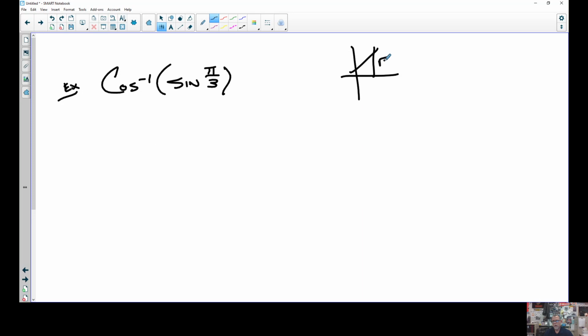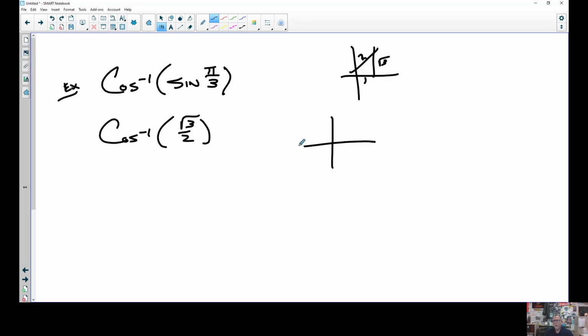Pi over 3 is here where we have root 3, we have 2, and 1, right? This is a 60-degree angle. That's what pi over 3 is. So the opposite side is root 3. So we do cosine inverse. Sine of pi over 3 is going to be root 3 over 2, right? Opposite side is root 3, 2 is there. So we have the angle whose cosine is root 3 over 2.